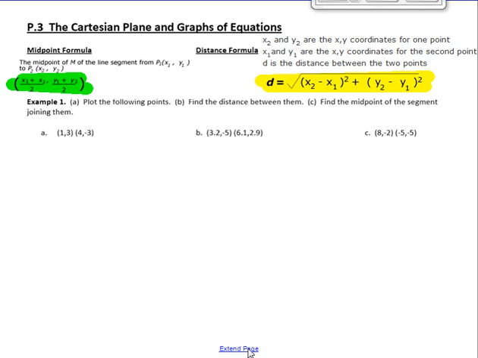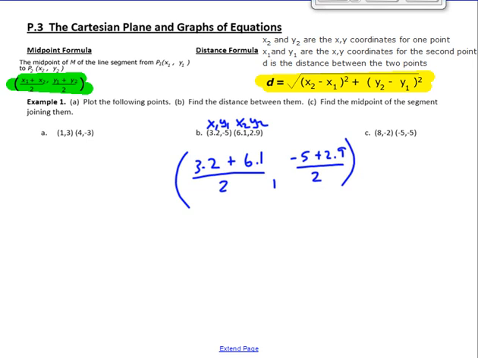So I've got x1, y1, x2, y2. X1 is 3.2 plus x2, which is 6.1, divided by 2, comma, y1, which is -5, plus 2.9, divided by 2. 3.2 plus 6.1 is 9.3 divided by 2.